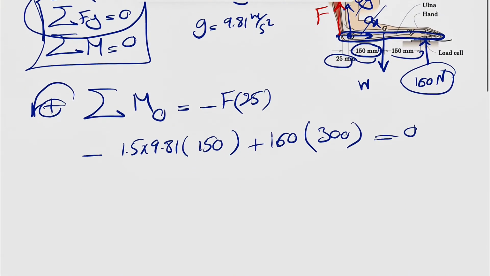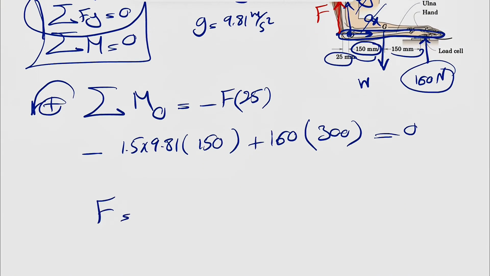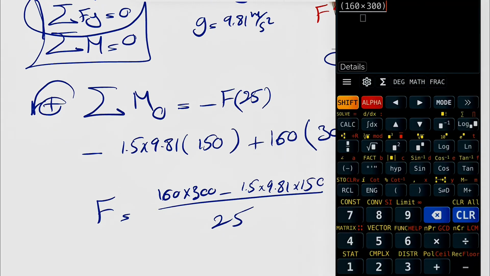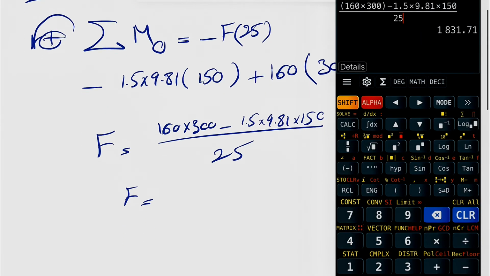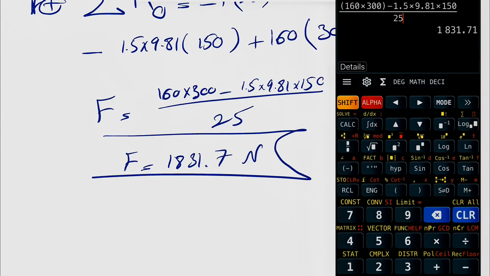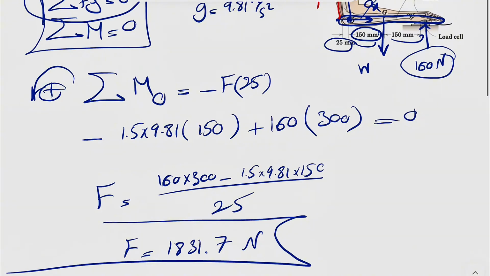This will be equal to 0, and our F would be basically 160 times 300 minus 1.5 times 9.81 times 150, divided by 25. So 160 times 300 minus 1.5 times 9.81 times 150 over 25, and that's going to give our force F 1831.7 newtons, and that is the final answer for this question.